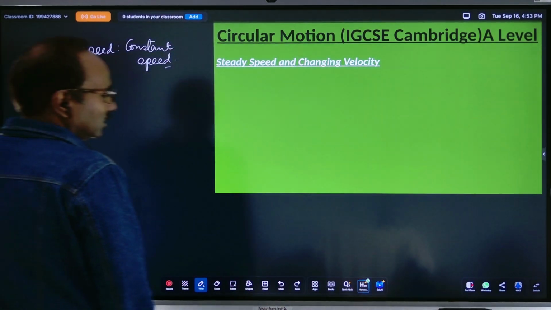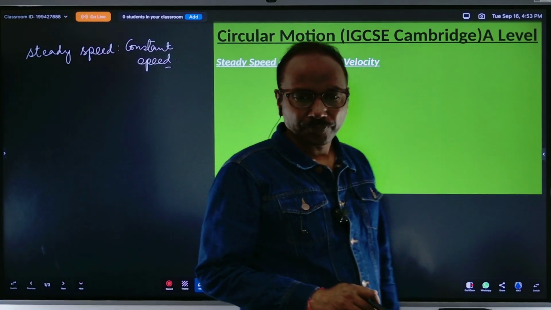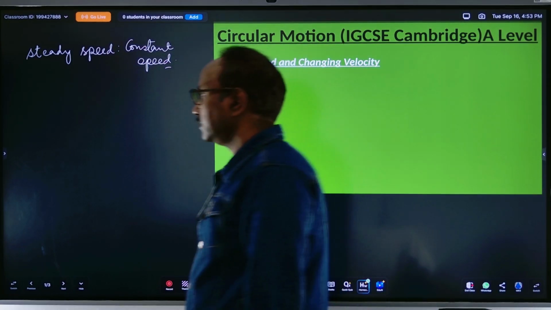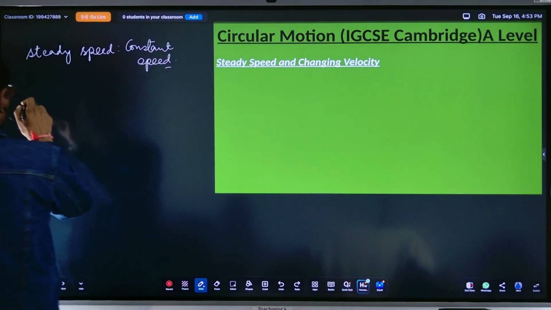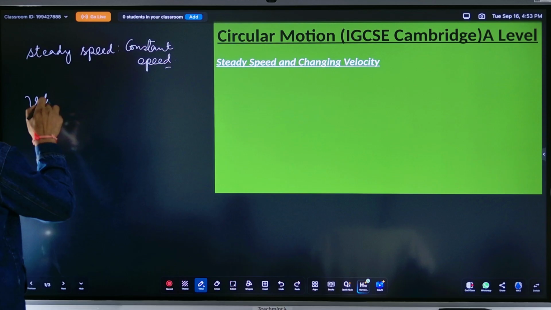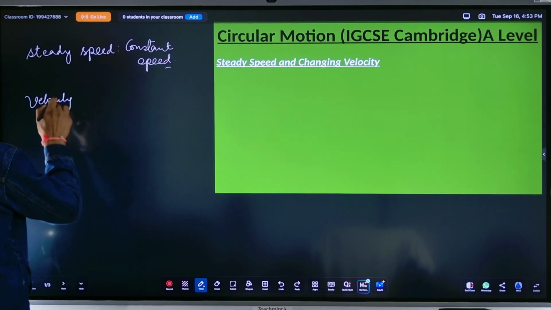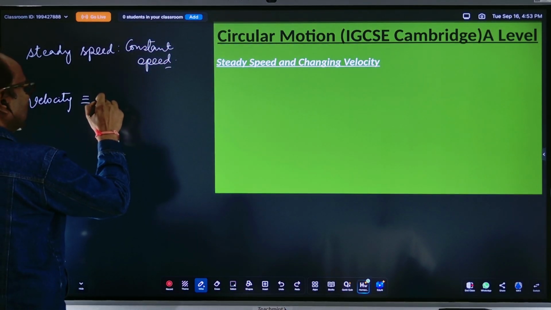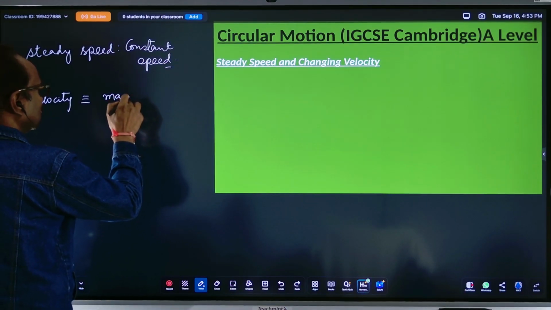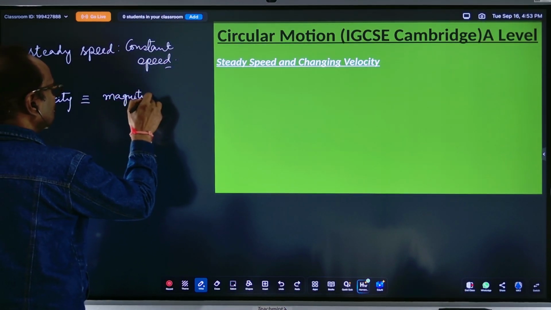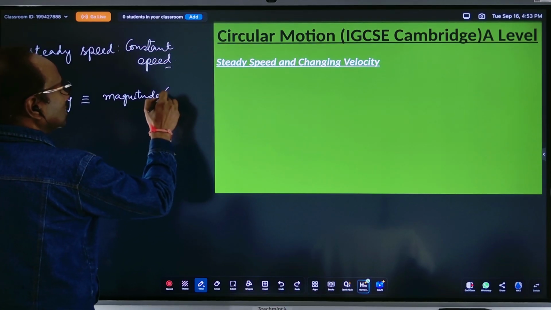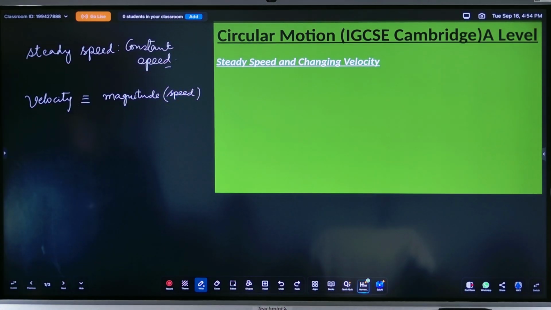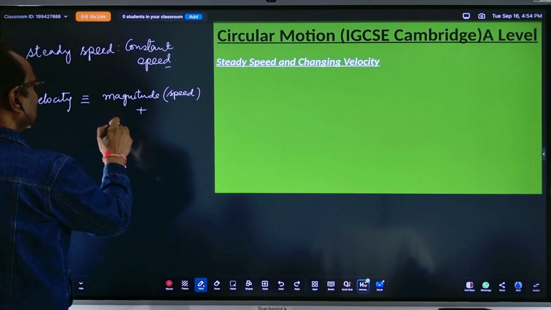So first of all, you know that velocity is a vector. So since velocity is a vector, it's a combination of its magnitude, that also is called speed of that velocity, plus direction.